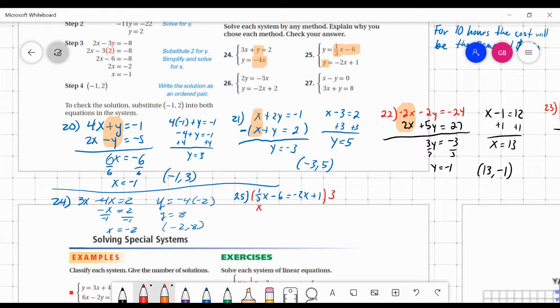So x, that in blue, x minus 18 equals negative 6x plus 3. So I multiplied everything by 3. Got rid of the fraction. So now it's easier to solve. I'm going to add 6x. I'm going to add 18.